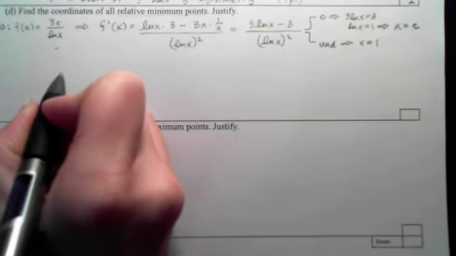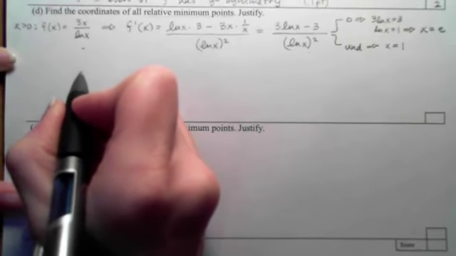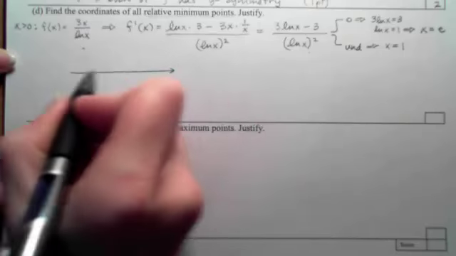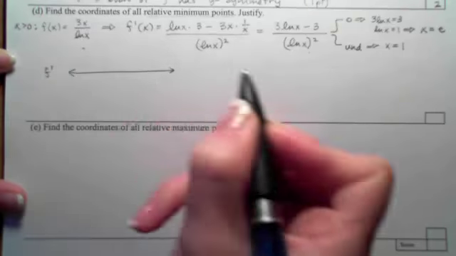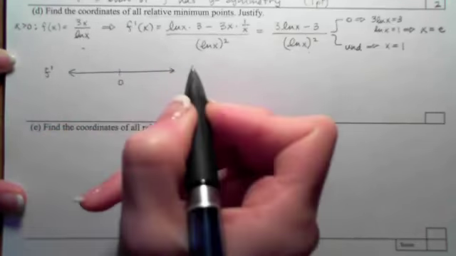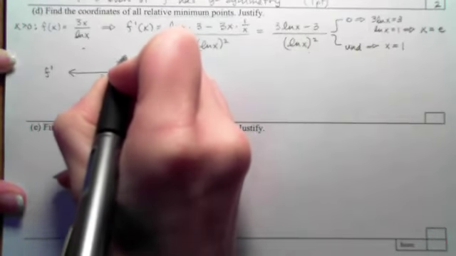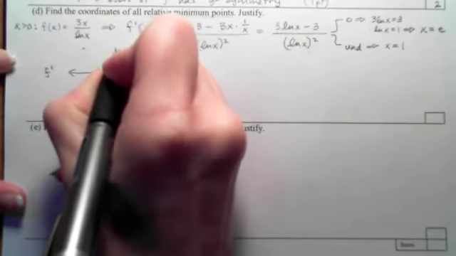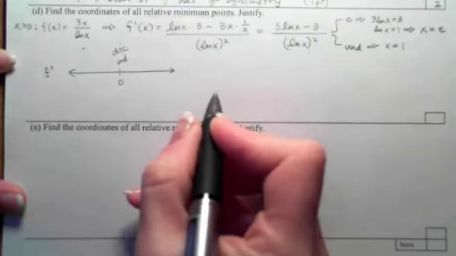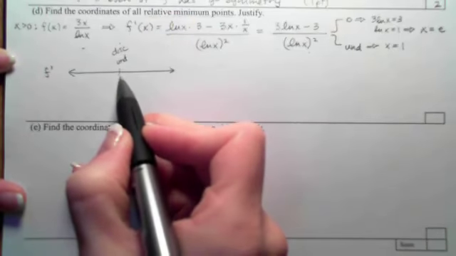So if we look now at the sign chart for f prime, we know at 0 that we have a discontinuity and we're undefined. We know that the limit as I'm approaching that 0 is going to be 0.